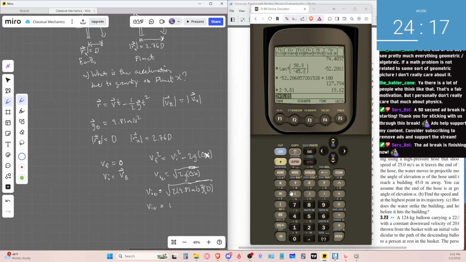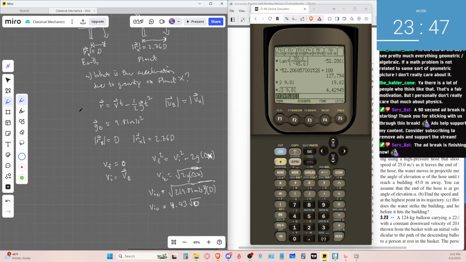I forgot to put the square root. Square root of 2 times 9.8, so we have 4.43 times the square root of d. So this speed is the same as the speed on planet X.